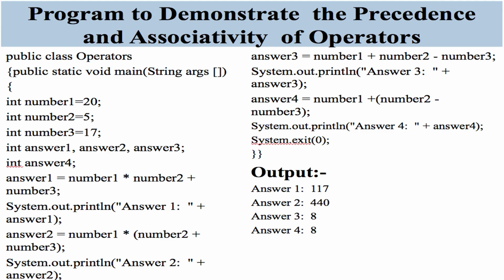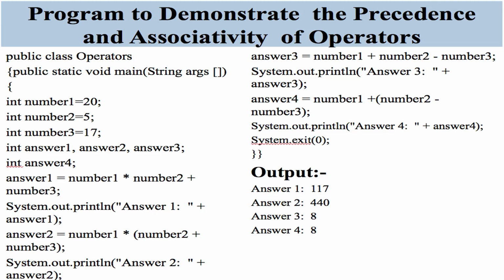In the same way answer 3 is calculated, and these are the outputs also. By using this program you can understand precedence and associativity. Precedence means the priority of the different operators, and associativity means if multiple operators of the same category are given in the same line, we will move from left to right. So this is the associativity.